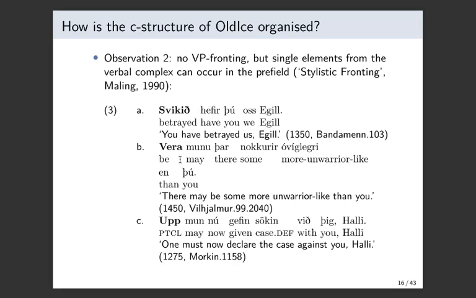In 3B, we have an infinitive. And in 3C, we have a verbal particle. So you can't put a whole VP there, a verb and its object, but you can put single elements. Given that the prefield typically hosts constituents, this would be further evidence against a VP constituent.